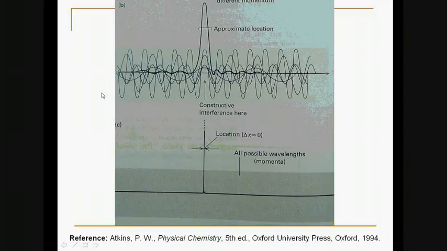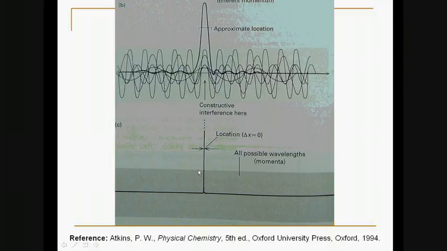Now, let's go even further and use an infinite amount of sine functions, which we represent here with this shaded region. If we add all these sine functions, an infinite number of them, we will end up with a spike on the x-axis. Now, what does this mean? It means that we have localized the particle, that is, we know exactly its location, or in other words, the uncertainty in x is 0.